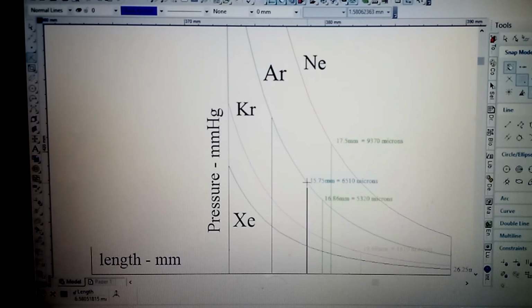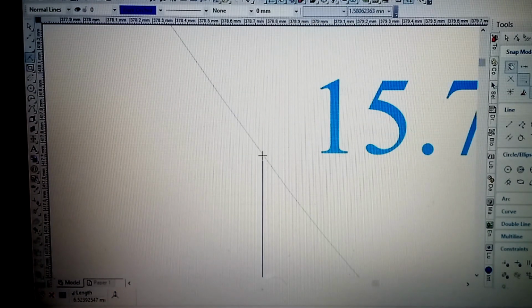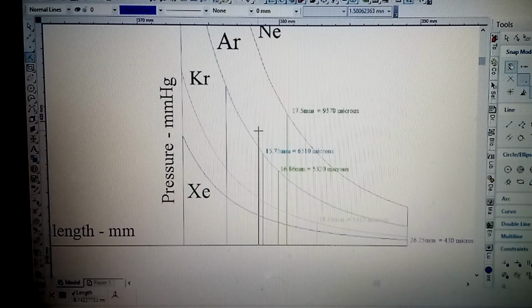And where it stops, if we zoom in, we get 6.52 millimeters, which with an extra 3 zeros on the end of that, or moved 3 decimal places, I should say, gives you 6,510 microns approximately.